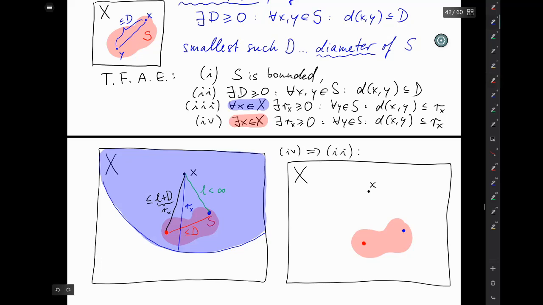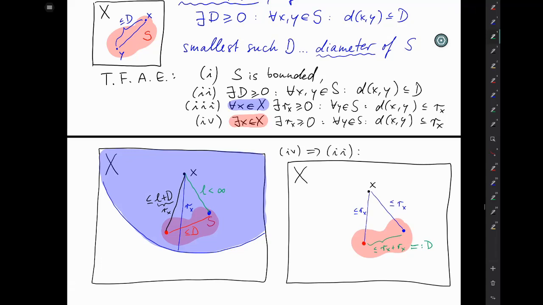Well, by triangle inequality in that triangle here, we know that these two lines are in length less than or equal to r of x, because we have property 4. So we conclude that the distance from red to blue is by triangle inequality less than or equal to r of x plus r of x, which is what we're going to call our diameter d, and there we are.